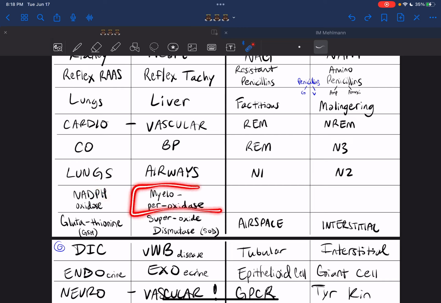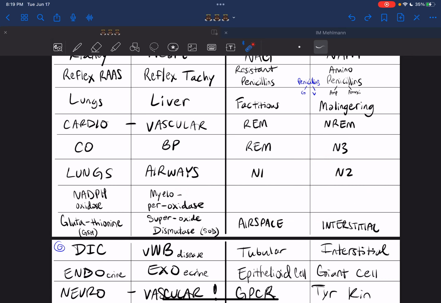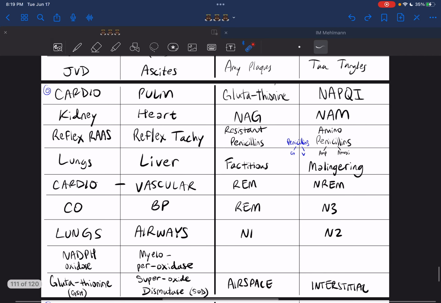And then myeloperoxidase makes the strongest one, HOCl, which has chloride in it, which is bleach. So I think of it like super strong bleach that can destroy and burn everything. Then these two break it down to protect. So these two make ROS to kill germs and stuff, and then these two break down ROS to protect your body from that explosive, destructive force that is ROS.